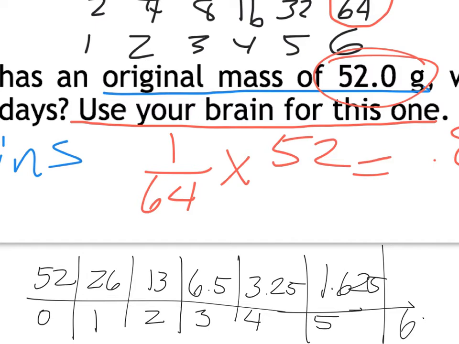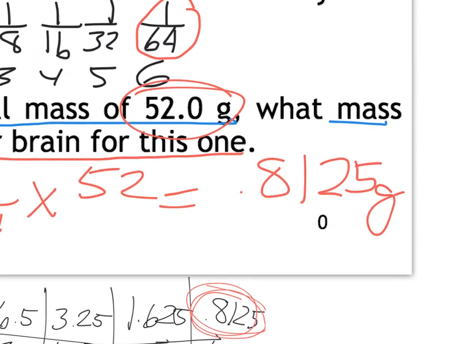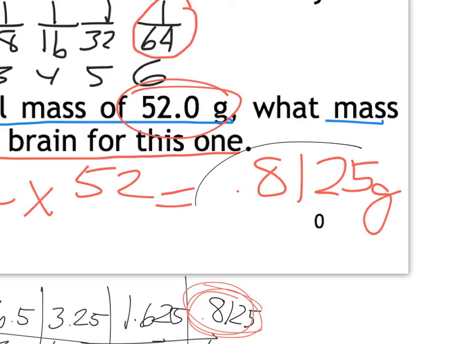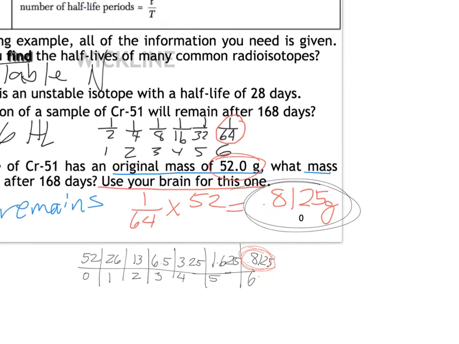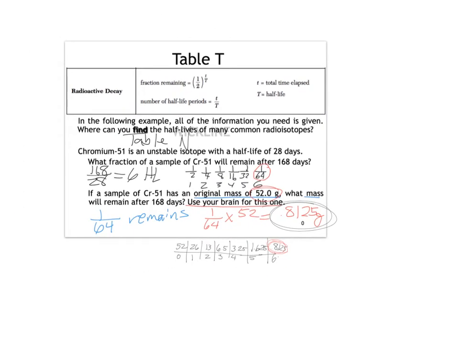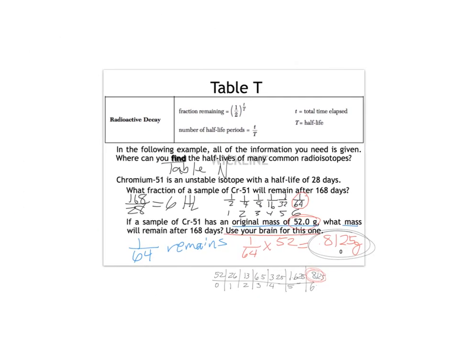And after 6 half-lives, expect 0.8125 grams, which shouldn't surprise you very much. That is the same answer that we got by doing that same calculation but with a calculator. So 2 different methods for getting the same answer. All right, so next slide.